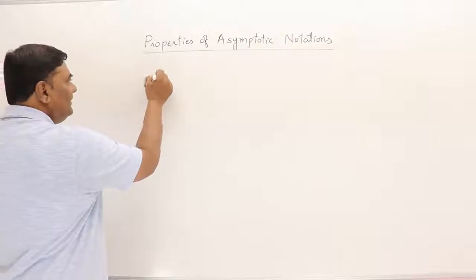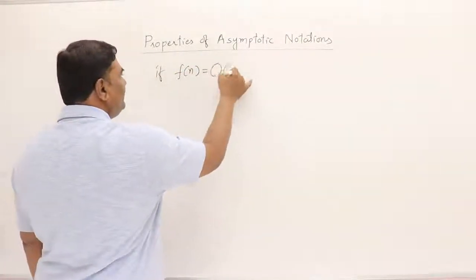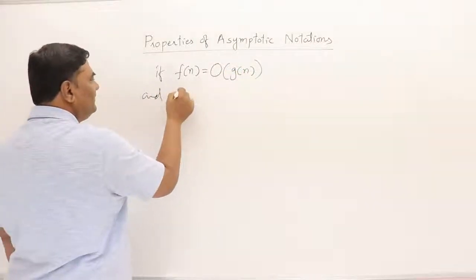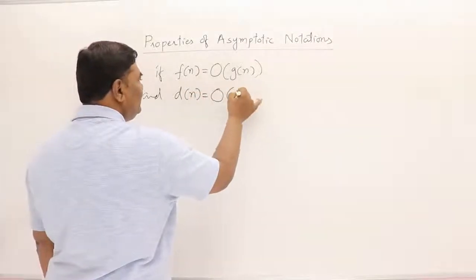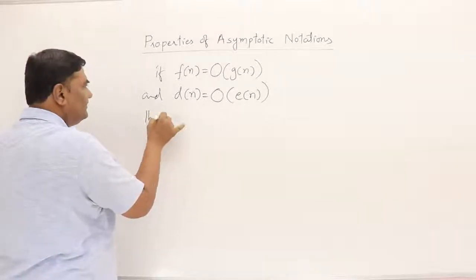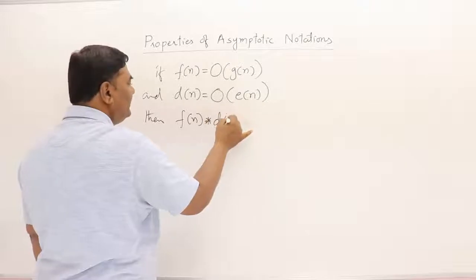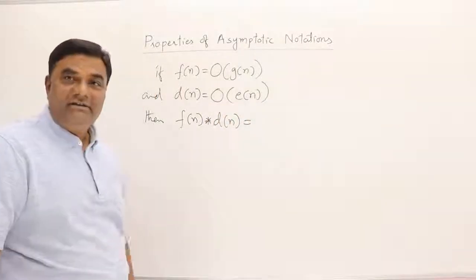Next, if f of n is big O of g of n and d of n is big O of e of n, then f of n into d of n, what will be the answer? They are multiplied.